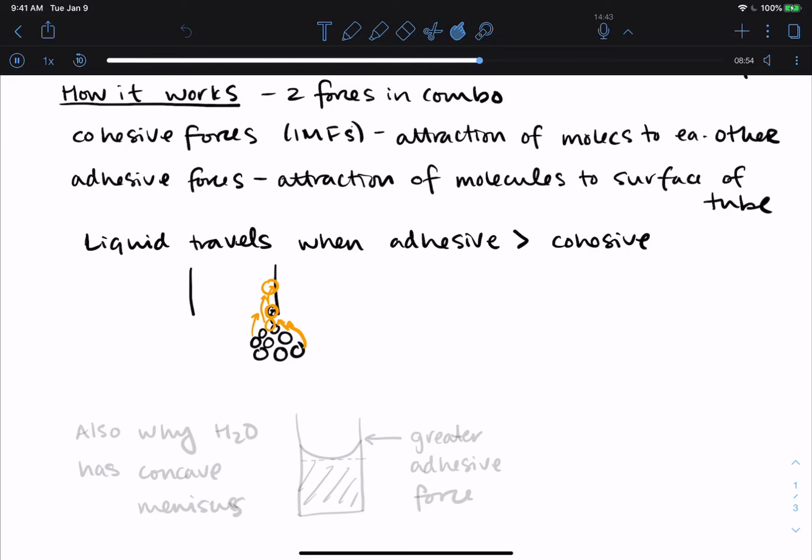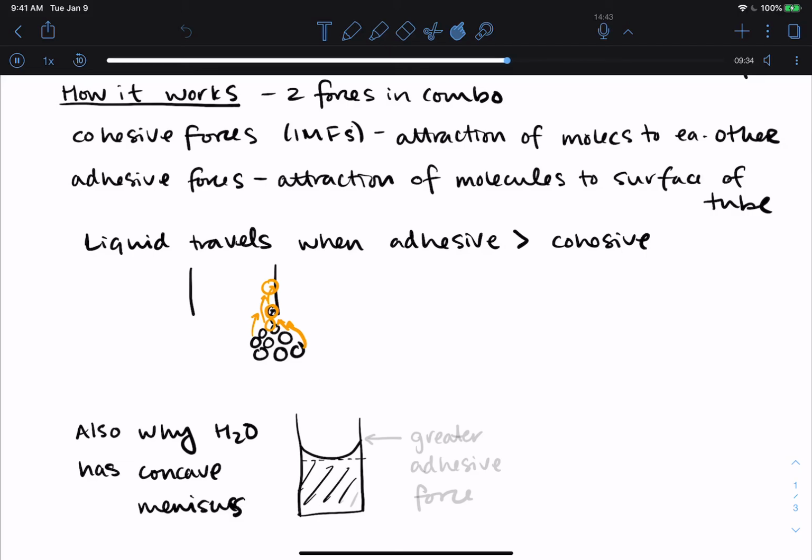So capillary action, and this type of adhesive attraction, is why water has that concave meniscus. So if you were in something like a graduated cylinder and you filled it up with water, you're trying to read it, you're looking at this very bottom part.